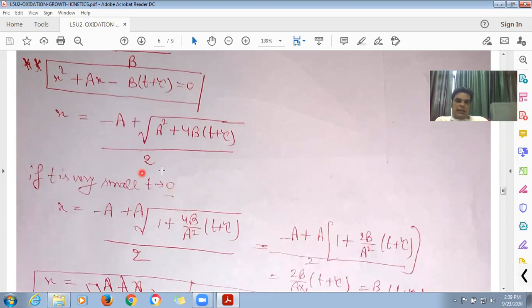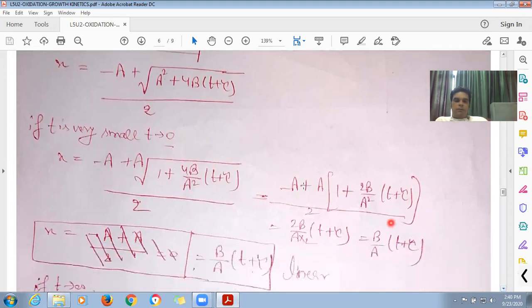If t is very less, this term 4b upon a square into t plus tau will be very less. This particular term will be very less in comparison to 1.